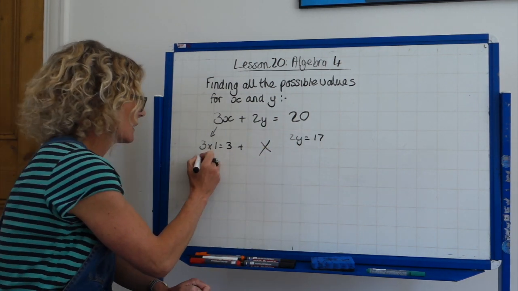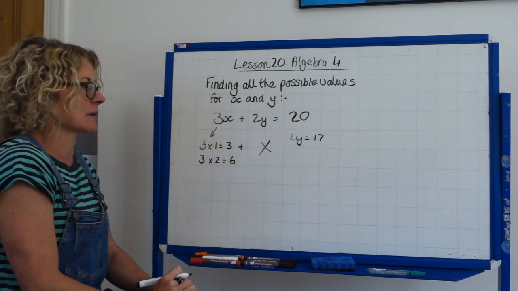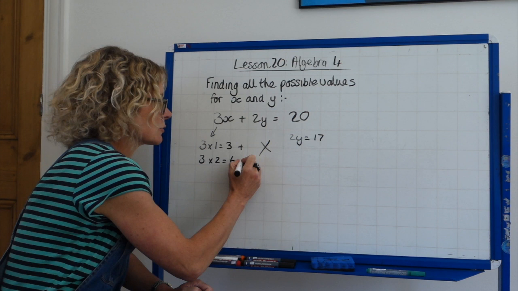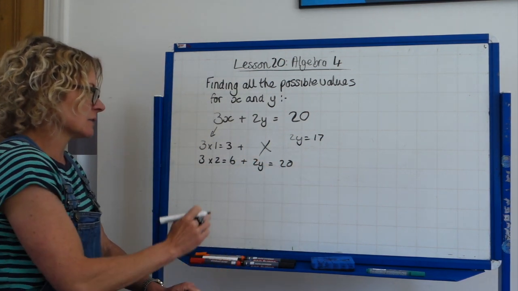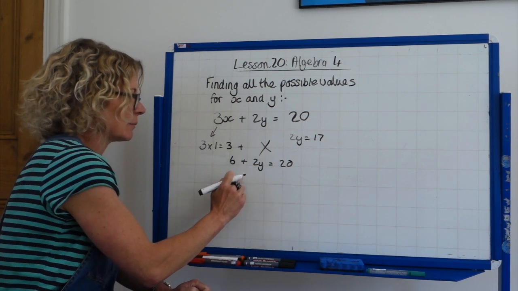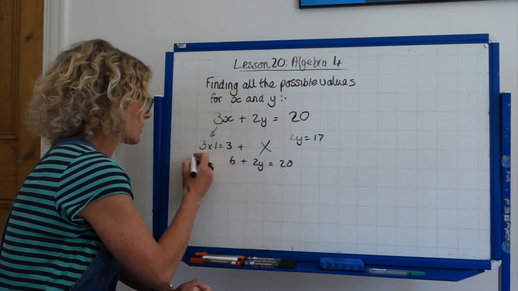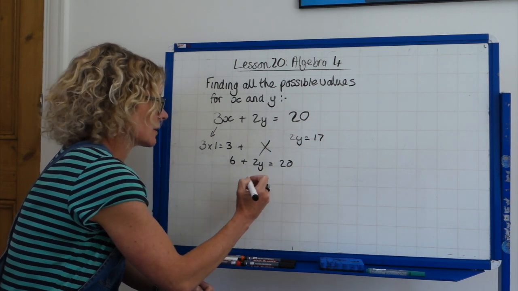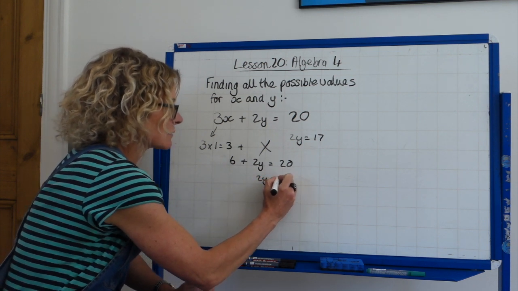Okay, cross it. 3 times 2 equals what? 6. Plus 2y equals 20. So 6 plus 2y equals 20. I think that's going to be doable. So let's take that 6 away from the 20. 20 take away 6 is 14. So 2y equals 14.